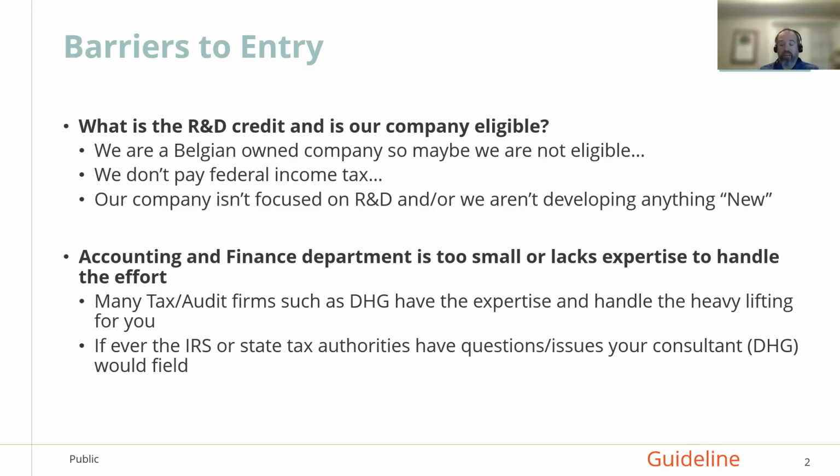So there's quite a bit of different opportunities and activities that could be qualifying for this credit. So it certainly is worth doing a discovery session with DHG or an equivalent to determine if this is something that you can take advantage of.